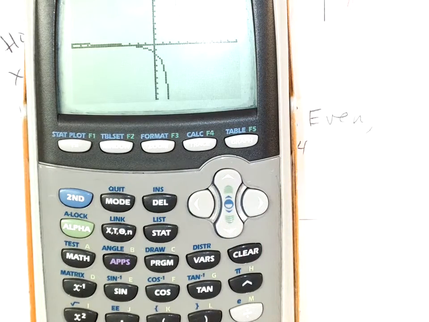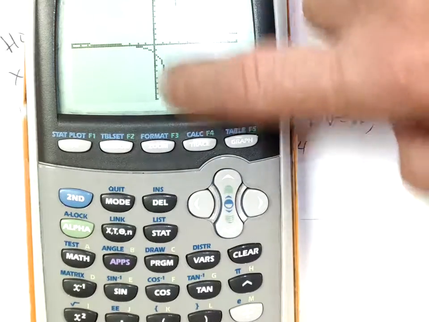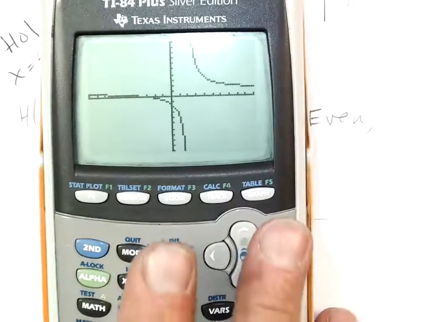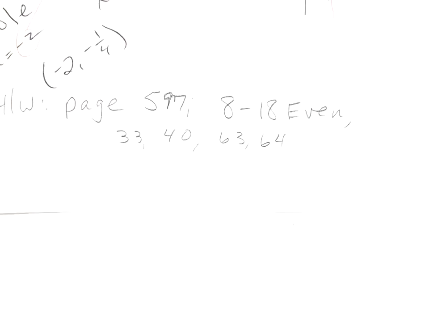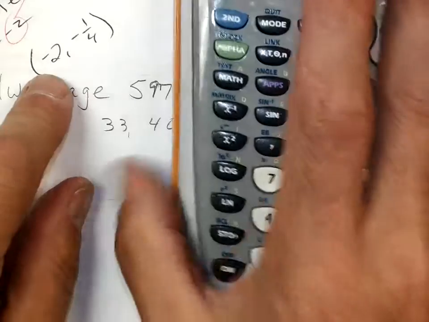Okay, it freaked out. You can see where it freaked out, right there. Obviously something weird's happening here, and we know what it is. It is an asymptote. Even though it didn't show it, you have an asymptote there. Now, what else do we have? We got a hole, right?